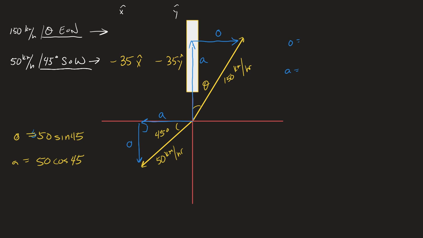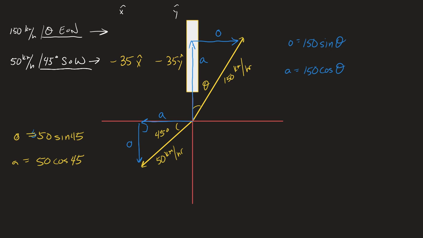Using sine equals opposite over hypotenuse, 150 sine theta is my opposite side. And 150 cosine theta is my adjacent side. I don't know what theta is, so I can't get a number here. But I can still write out my ratios.